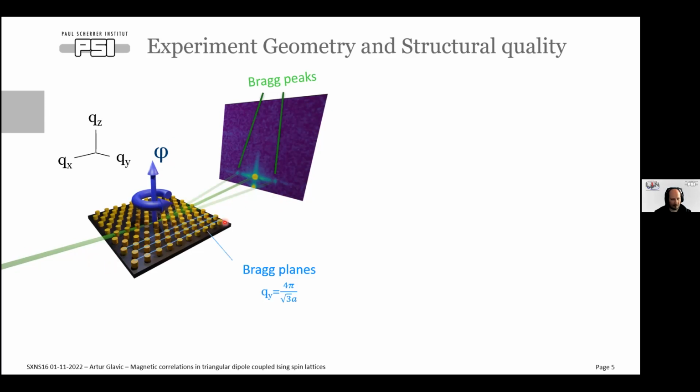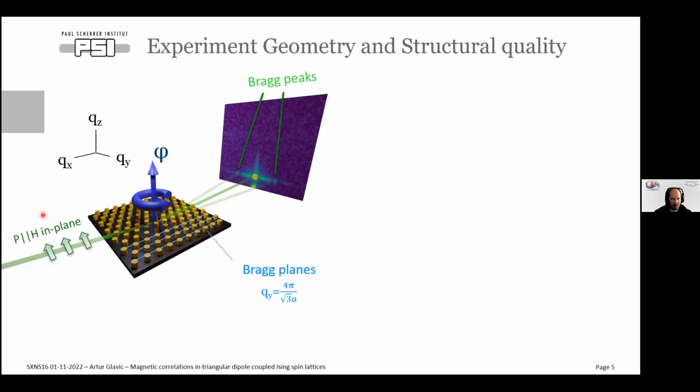And planes that are parallel to the incident beam direction, or almost parallel, give us some Bragg peaks here, and in this orientation, they are at Qy of 4π over square root 3 times the distance of the particles.